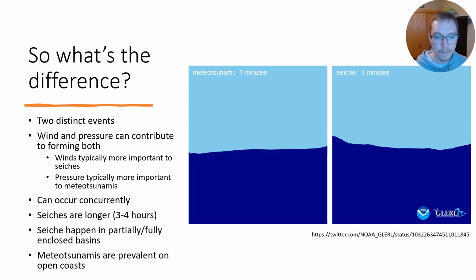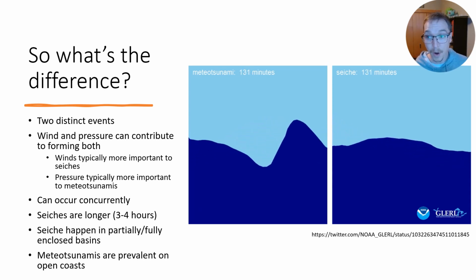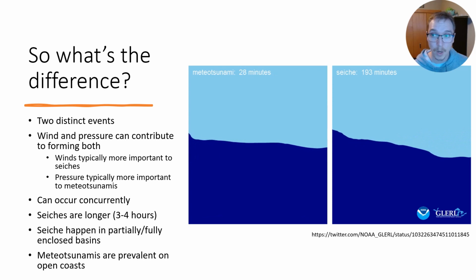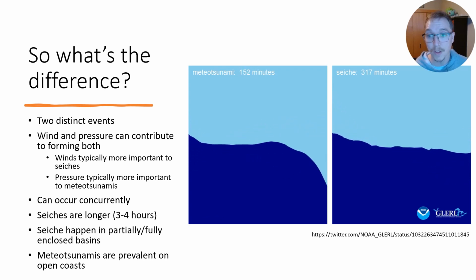And any fluctuations above and below that are based off of the meteotsunami or the seiche. So we've got the meteotsunami on the left and the seiche on the right. Notice as we're going through that the meteotsunami lasts only half as long as the seiche. And these are actually modeled after real data.